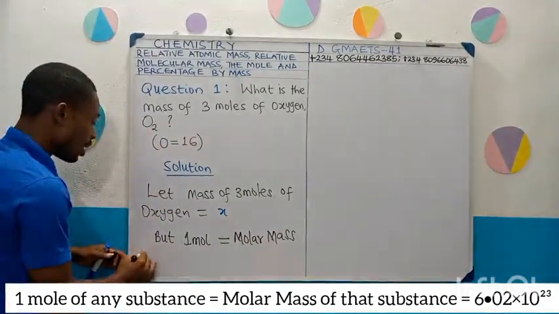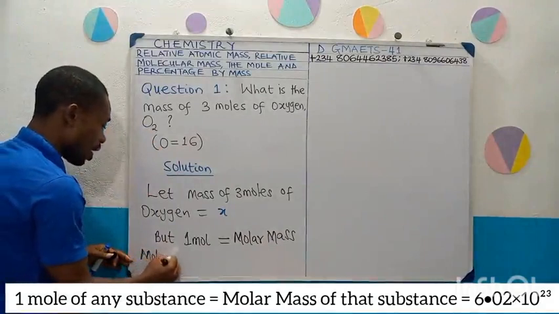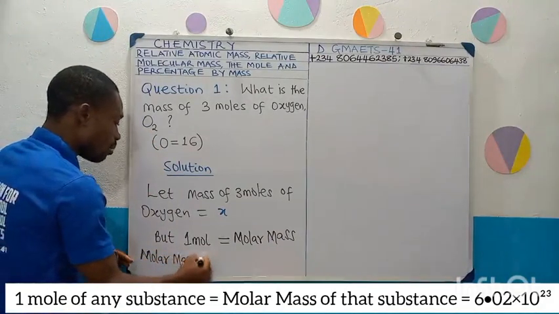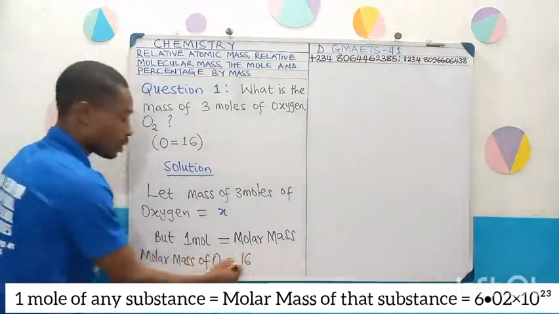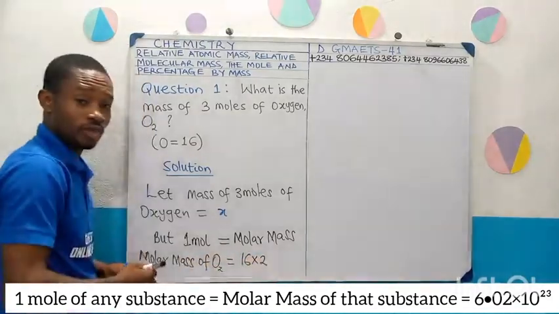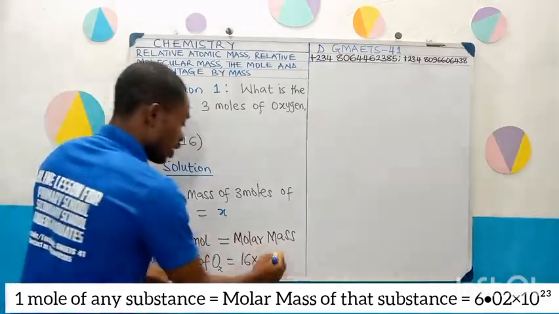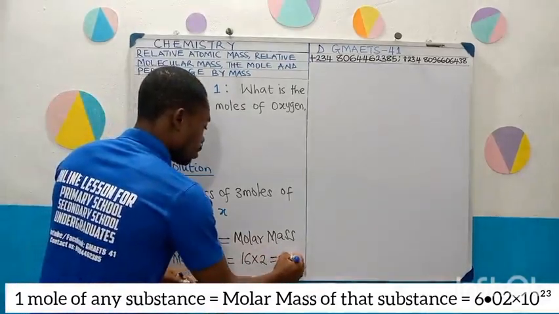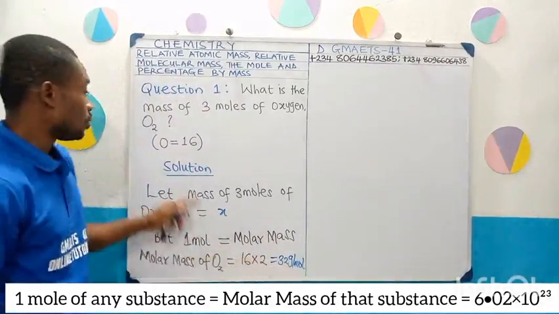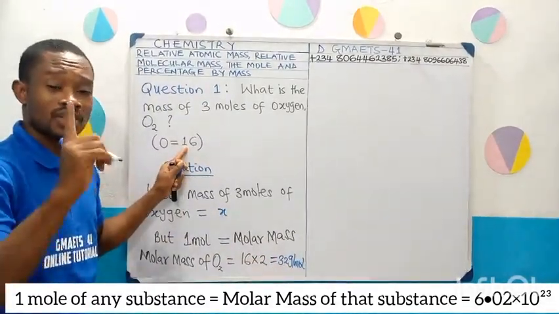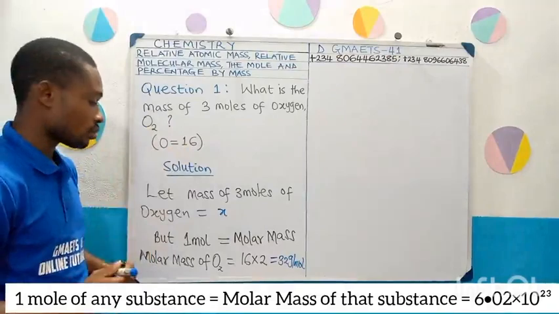I'm going to write molar mass of O2. Molar mass of O2 is equal to 16, the relative atomic mass, times 2. We've done that already, which will give us 32 grams per mole. The relative atomic mass of oxygen is 16 multiplied by the 2 atoms.